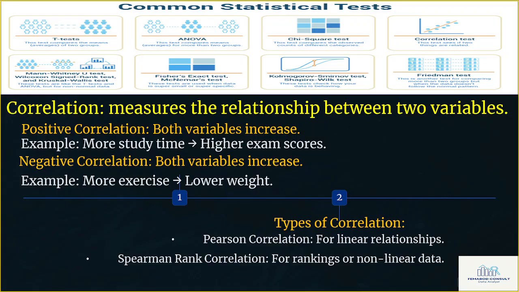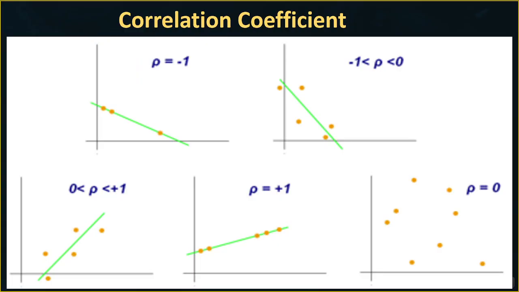Maybe you want to see how position correlates with different things in a classroom. You can use Spearman rank correlation. Now let's look at this graph to have more understanding of correlation. Look at the graph. The first graph where we have P equals -1 tells us that there is a negative correlation.